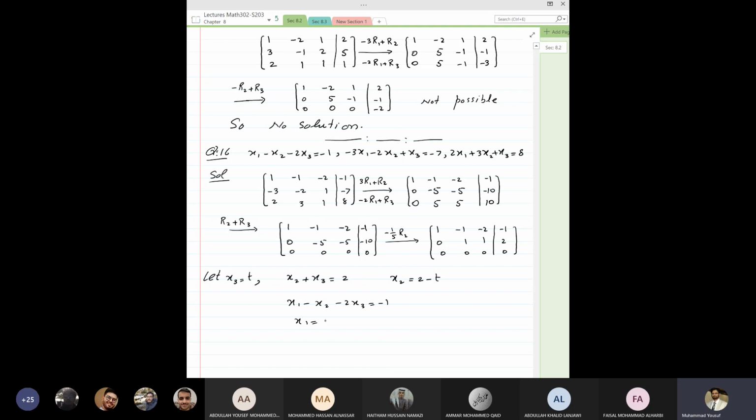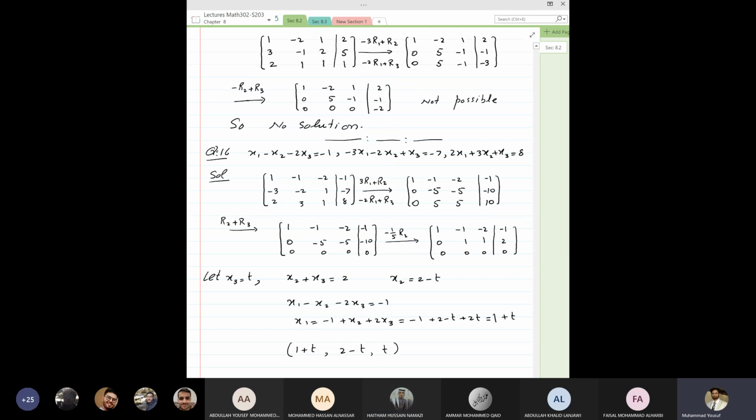So X1 is equal to -1 plus X2 plus 2X3, which is -1 plus (2 minus T) plus 2T, which is -1 plus 2 is 1, and 2T minus T is T. So 1 plus T. So the solutions are 1 plus T, 2 minus T and T. And there are infinitely many solutions. You can take some value of T and verify.